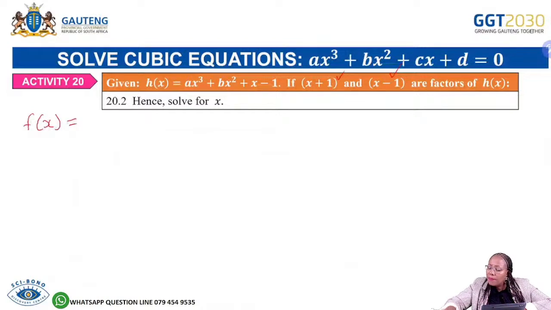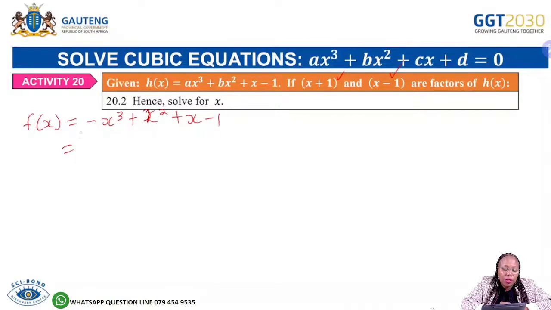We have just calculated that the value of a is minus 1. Then it will be minus x cubed plus b is positive 1, that will be x squared plus x minus 1. Now we take out a negative because we have a negative there. It's x cubed minus x squared minus x plus 1.